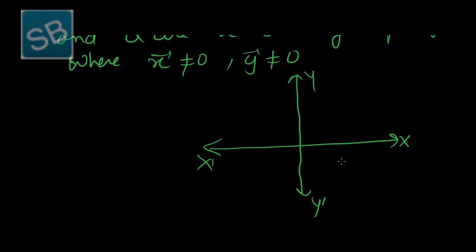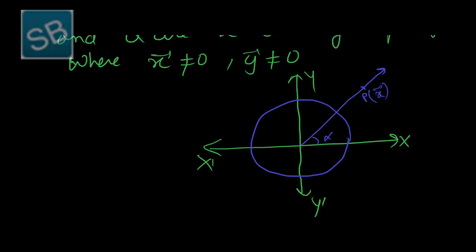So we draw a circle, that is a unit circle, and here this is the vector x, whose coordinate is P of x, making an angle alpha with the x-axis, and this is vector y, that is Q of y, making an angle beta with the x-axis.